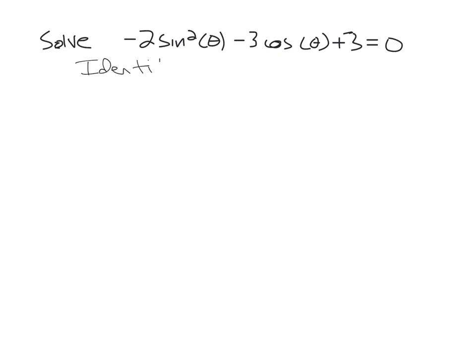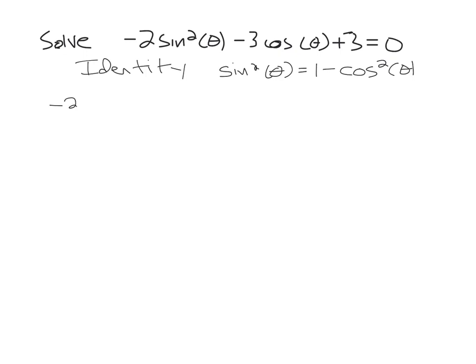We're just going to use the classic sine squared plus cosine squared equals 1, except we're going to rewrite it as sine squared theta equals 1 minus cosine squared theta. So we're going to replace that first sine squared with 1 minus cosine squared, and that way we'll have an equation that's entirely in terms of cosine, not both.